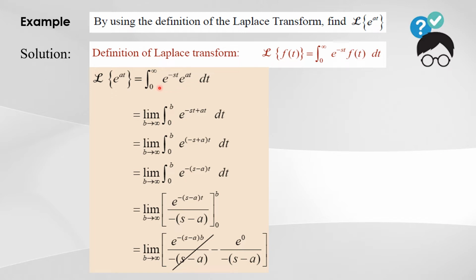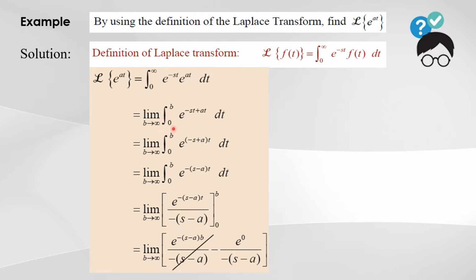This is an integral where we have to evaluate it with respect to t, so s will be treated as a constant. So both a and s are constants. Notice that this is an improper integral. To evaluate this improper integral, we are going to replace this infinity by a finite value b, do this integral, and then take the limit of this result as b goes to infinity.